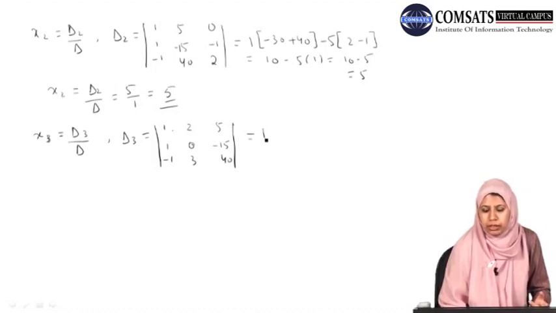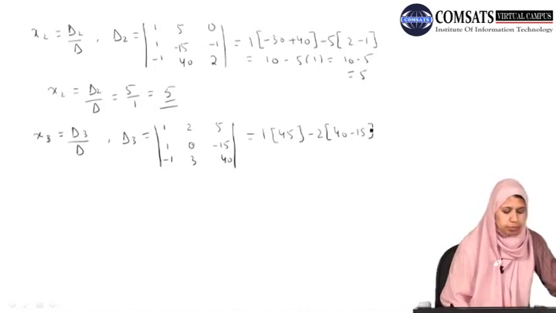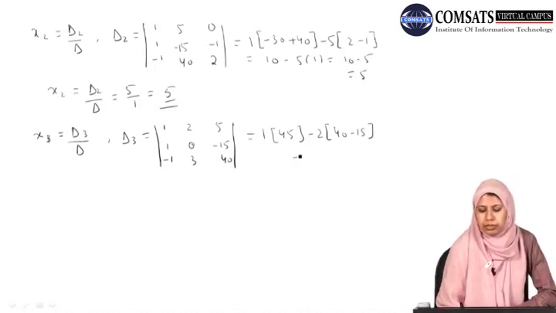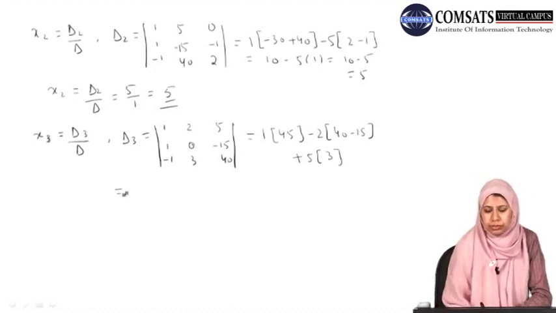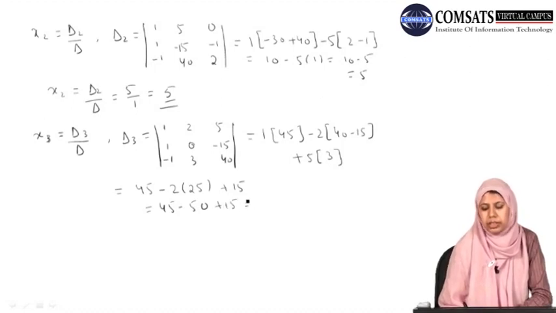We obtain 1 into 45 minus 2 into 40 minus 15 plus 5 into 3, which is equal to 45 minus 2 into 25 plus 15, and simplifying we obtain 10.